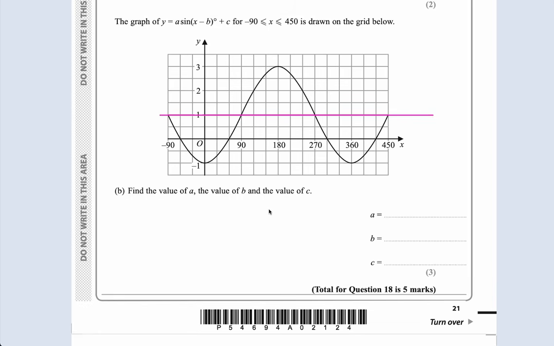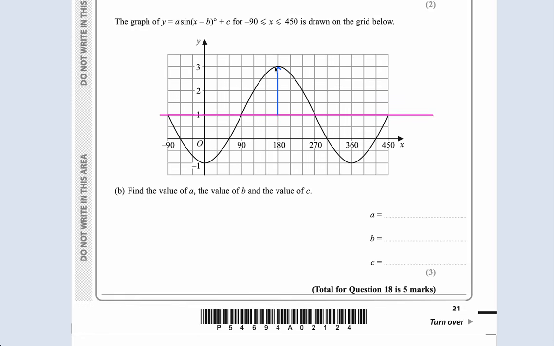This is sometimes called the principal axis. Now, A is the amplitude. So the amplitude is essentially this height, from the middle to the top, or from the middle to the bottom.